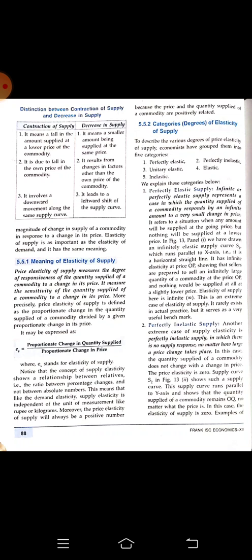Perfectly elastic supply represents a case in which, I would like to just make it short for you, the quantity supplied will remain the same. In this case, if we find that the price decreases, there will be no supply. This is the extreme case.